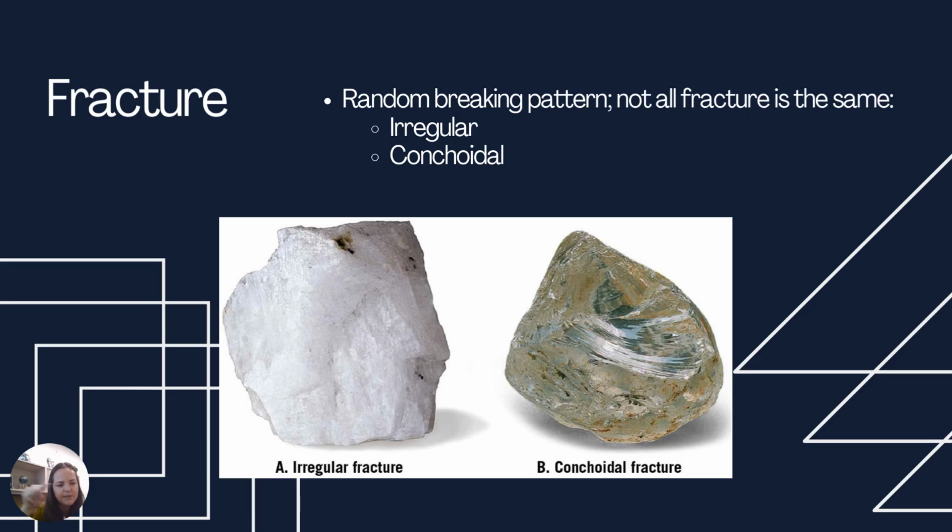If you can see those lines in that quartz crystal moving through kind of concentric on that specimen, those are your conchoidal fractures. Whereas on the left, you're looking at a specimen that has no particular pattern to its breaking. So it's just random, it's just irregular.